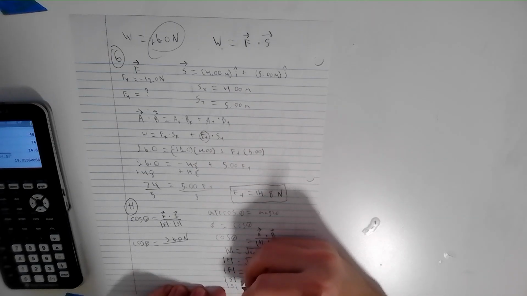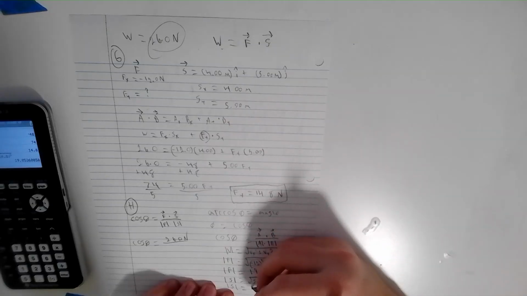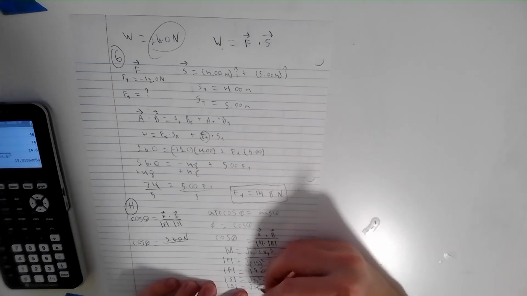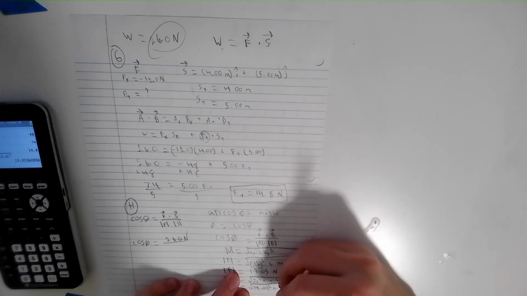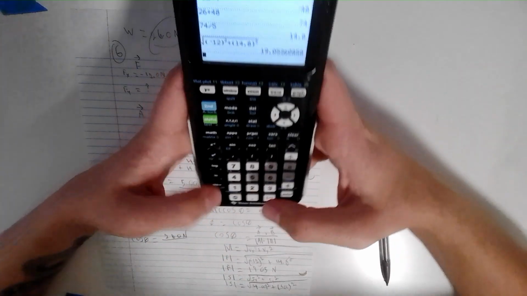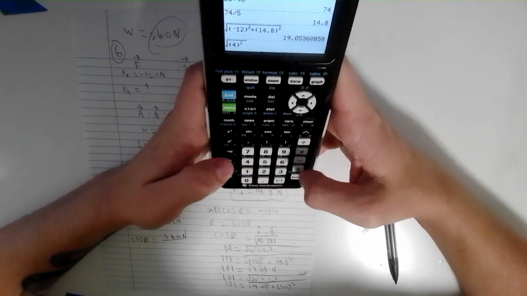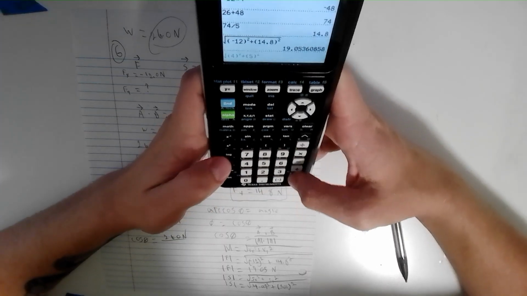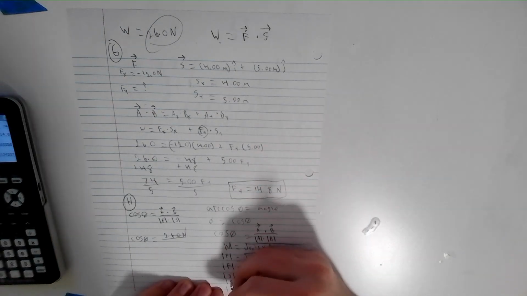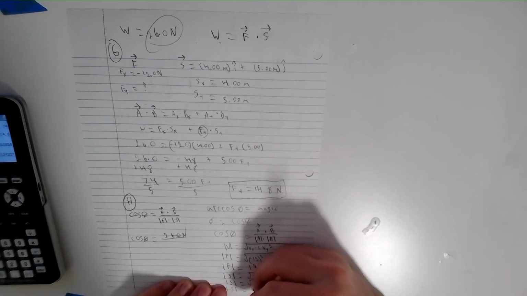So we plug it in: square root of 4 squared plus 5 squared, which gives 6.40. So magnitude of s equals 6.40.